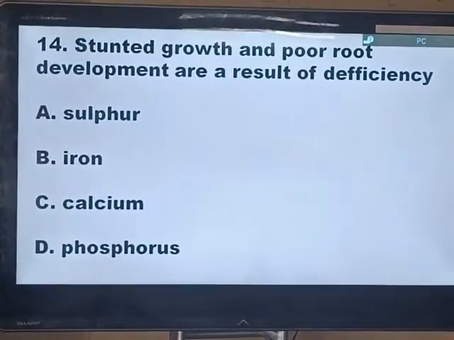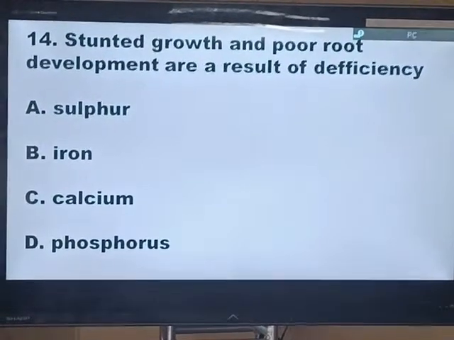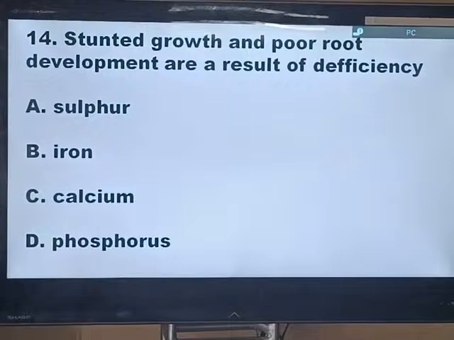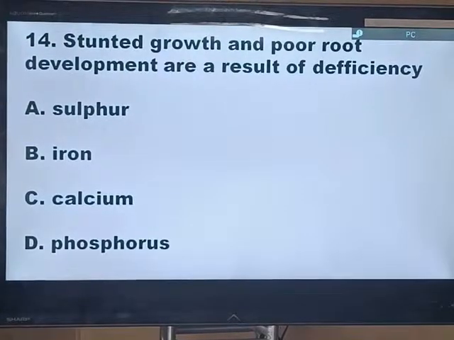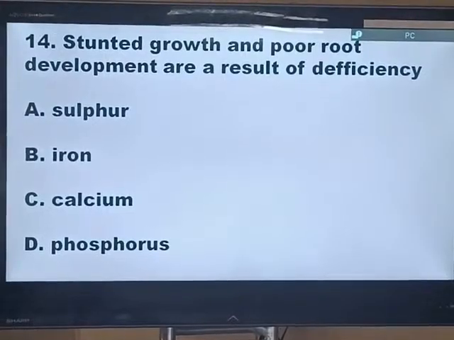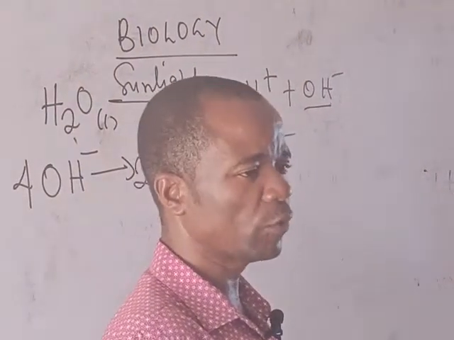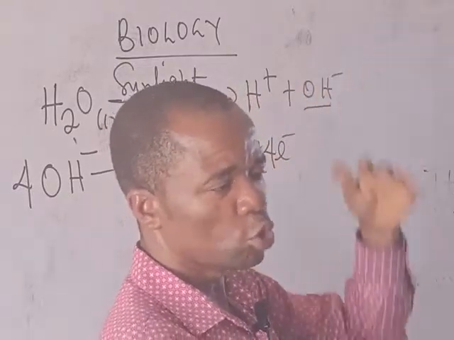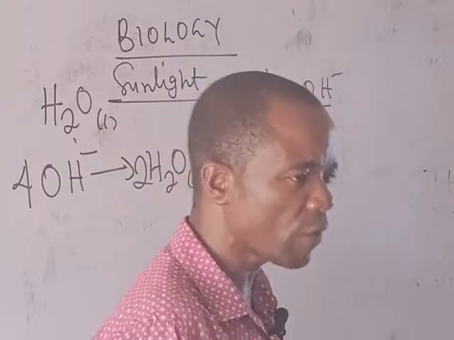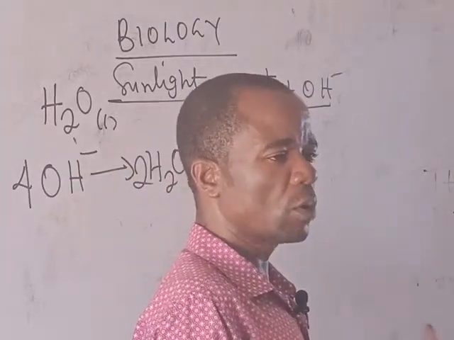Stunted growth and poor root development are a result of deficiency of. Now we know that if you take a look at the options A to D, sulfur, iron, calcium, phosphorus, these are elements, and we know that during plant nutrition, apart from the fact that plants need water, light, and carbon dioxide to be able to carry out photosynthesis, they also need some minerals in the soil for proper growth and development.